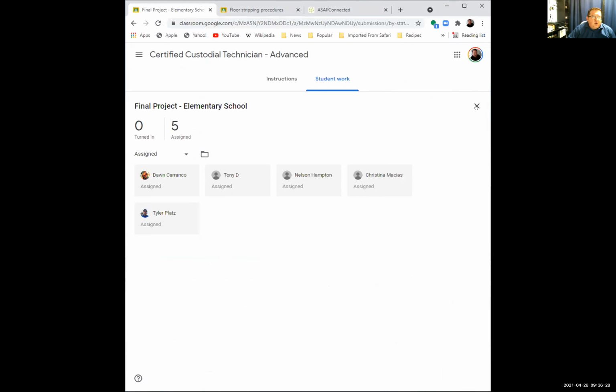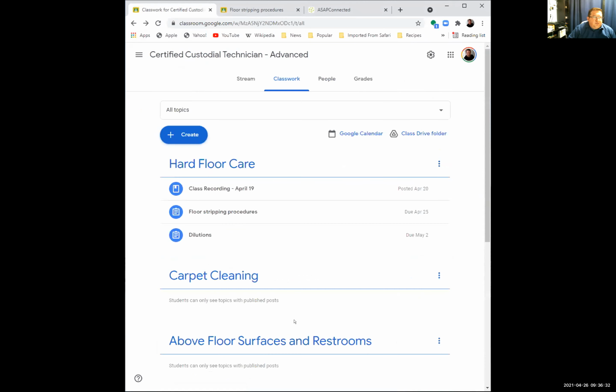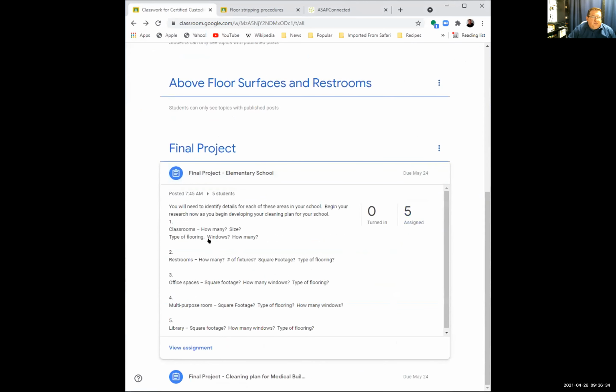You are going to be working with an elementary school. These are the 5 areas in the school you need to determine. You're going to begin your homework of figuring out what's going on in that school, and that's why I wanted you to start putting some thought behind it.